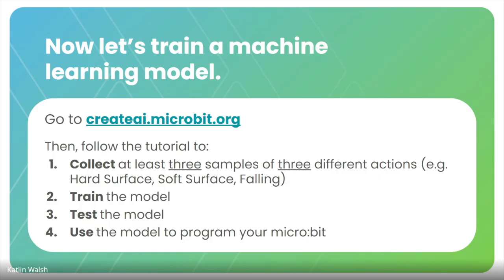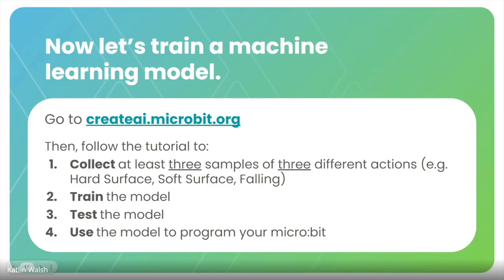We have different forces. So when we have a soft cushion, we'll have a little bit of a more gentle force that's absorbing, versus when a microbit or an egg or a crash test is going to be on a hard surface. It's going to be more of a significant force. So we're going to train those 3 actions, and then we'll see what we can actually do with the code.